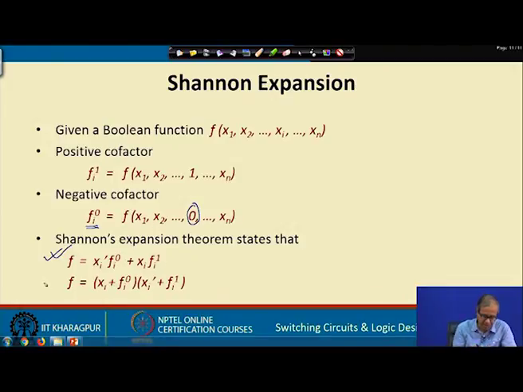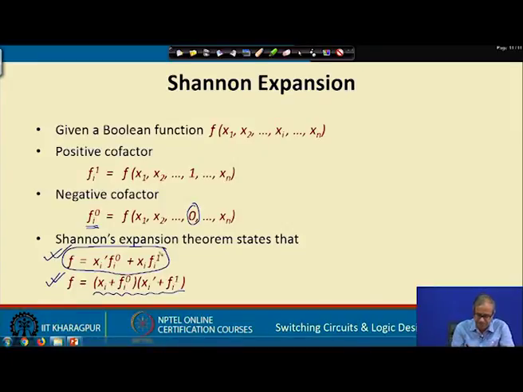Now, there is an alternate representation also which we have not talked about earlier, where this is something like product of sums. The same function we can write like xi plus fi 0 and xi bar plus fi 1, but of course, we shall be using the first representation only in our examples and illustrations.